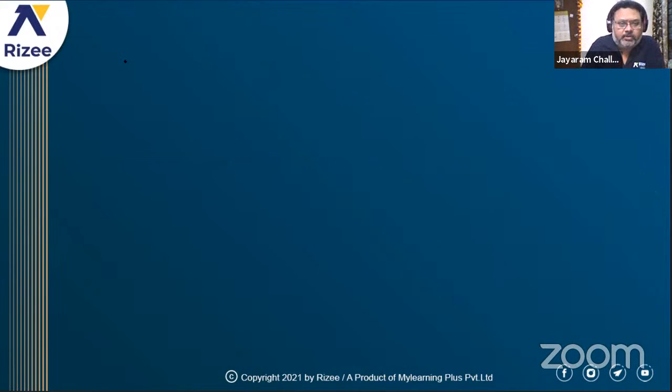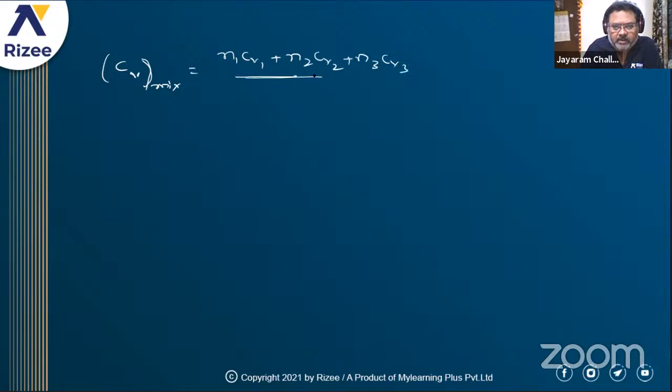Now when we substitute in the Cv of the mixture, the specific heat at constant volume of the mixture can be written as N1 Cv1 plus N2 Cv2 plus N3 Cv3, the specific heat for the third gas, divided by N1 plus N2 plus N3.